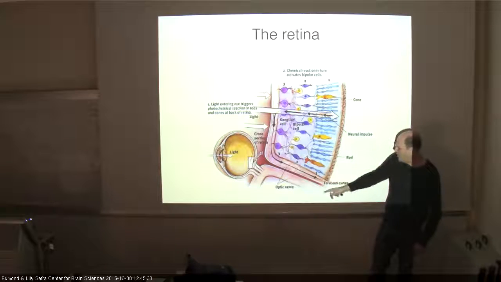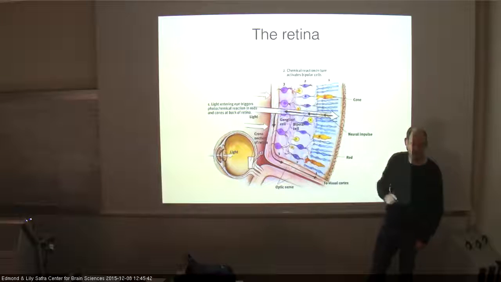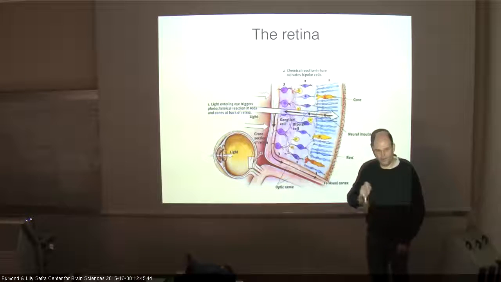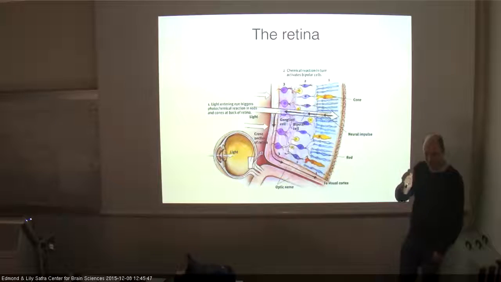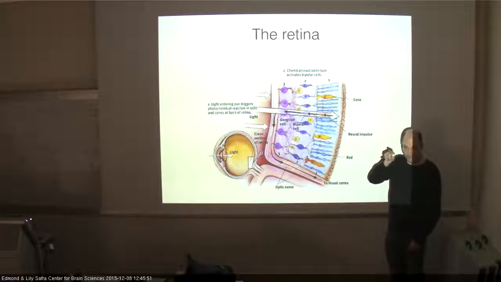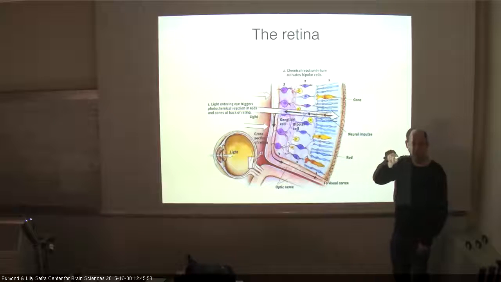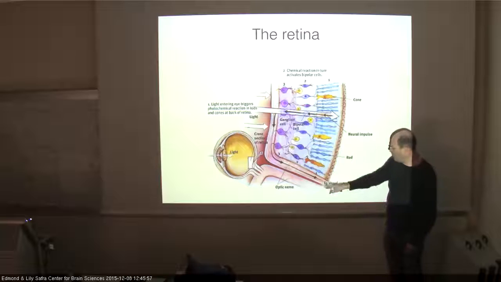So we have a blind spot. It's not so difficult, if you search on the web, you'll find a simple experiment that you can do to observe your blind spot. There's a small region of our visual scene, not at the center. At the center we have our fovea. That's the most important part of our visual scene. But somewhat on the side, the blind spot where we don't see.